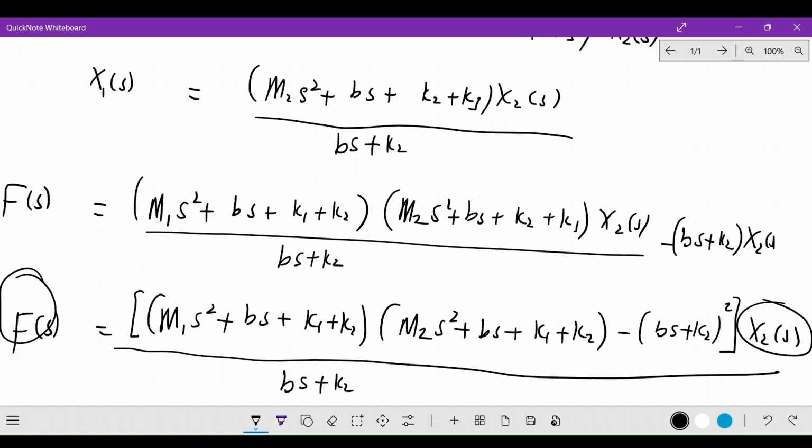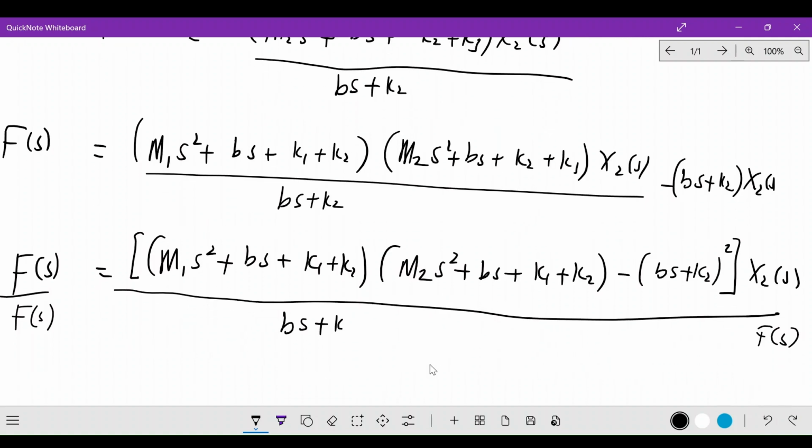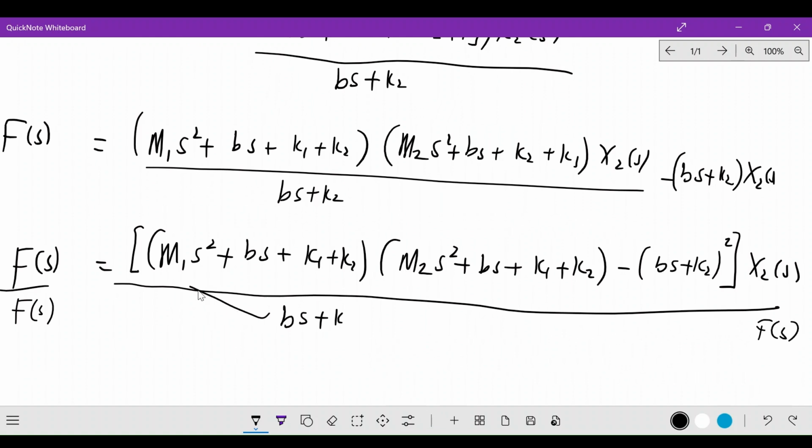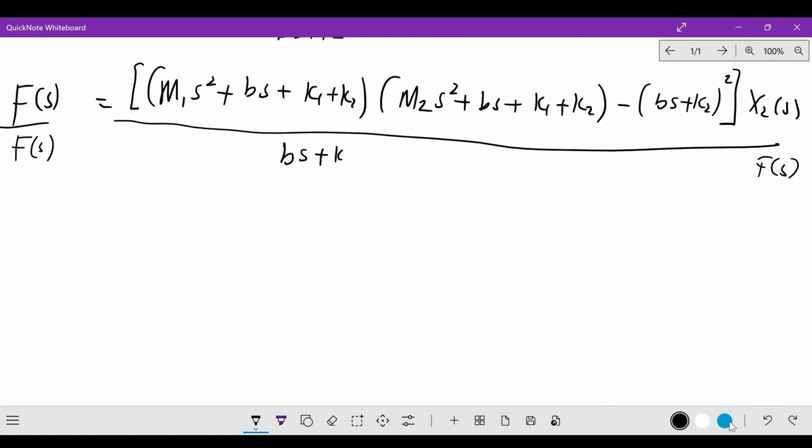Now as you can see, remember the transfer function is simply x2 divided by this, isn't it? Okay, so what I'll do, I'm going to divide both sides by f of s, and at the same time I'll take this side on top and then divide by this whole thing, right? So you notice that if I do that, you're going to have x2 of s over f of s equal to what?